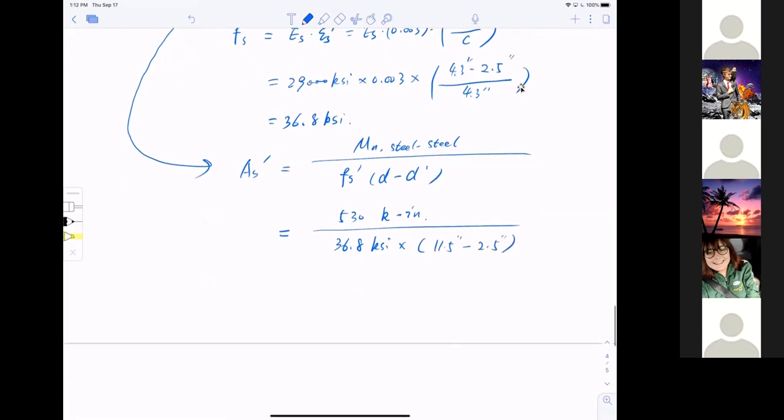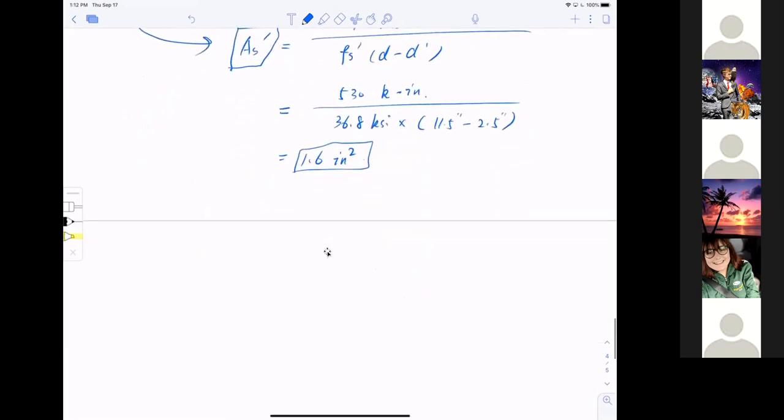I found this to be 1.6 inch squared. So by doing the difference, I know I need this much additional compressive reinforcement to complete my design. Now I know the compressive reinforcement I need, and the tensile reinforcement I need, so I'm going to start doing the design.